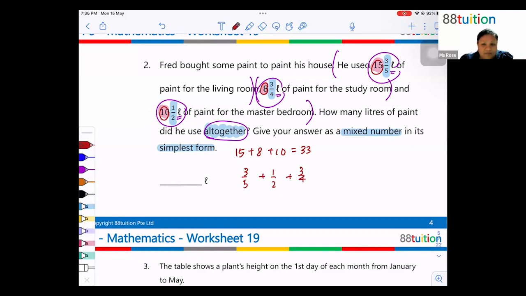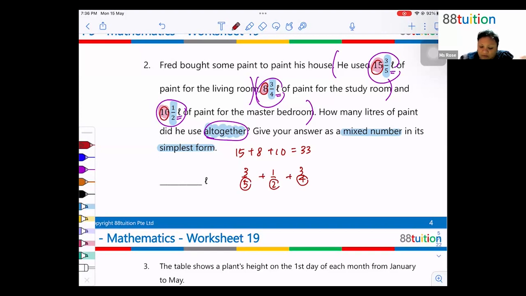You have 3 different denominators. So from here, you need to first find the first common multiple of 5, 2, and 4. Very quickly, anyone? What's the first common multiple? Yes, Giselle. Yes, thank you, Dan. Okay, so the first common multiple is 20.